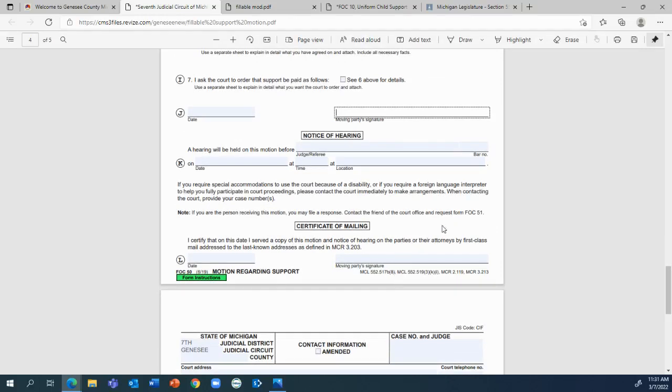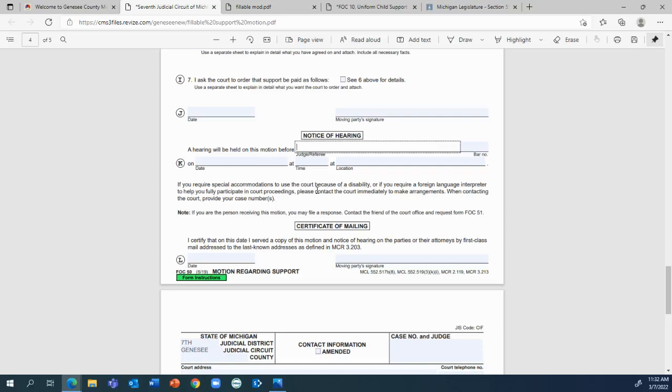And then there are going to be steps here about filling out the notice of hearing. In Genesee County, you're going to get that notice of hearing filled out when you file this paperwork with the clerk's office. They'll assign which judge or referee is going to hear the motion. They're going to tell you what date, what time, and the location.